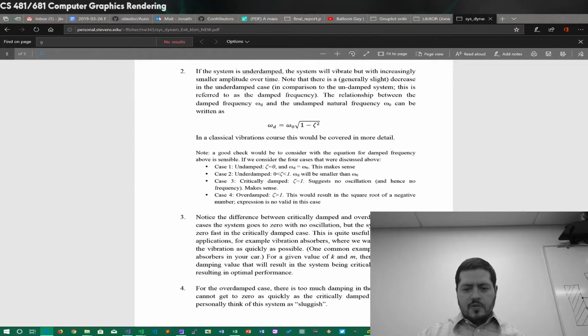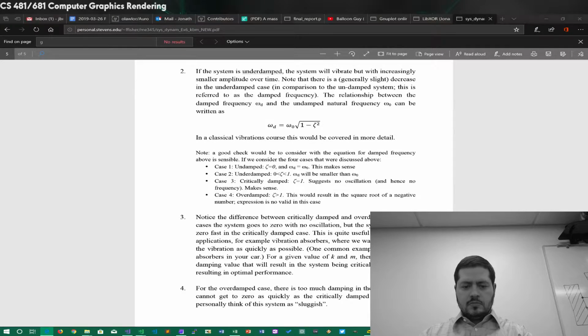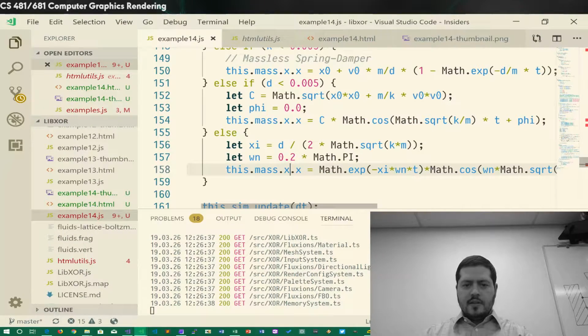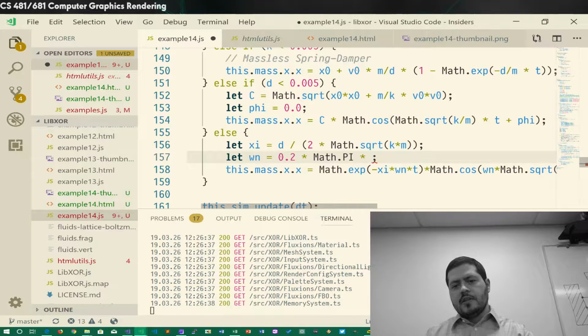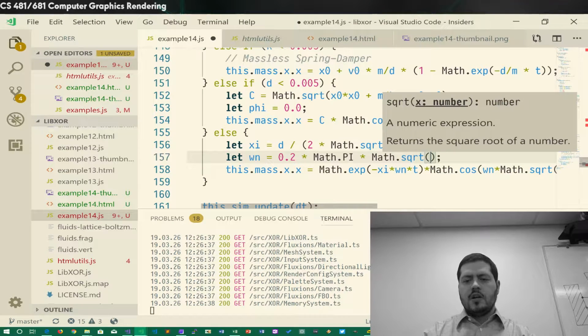Okay, so this might be like our initial frequency, and I believe that there is a way to figure out what that frequency ought to be given the initial X naught and V naught, but let's just put in our value.